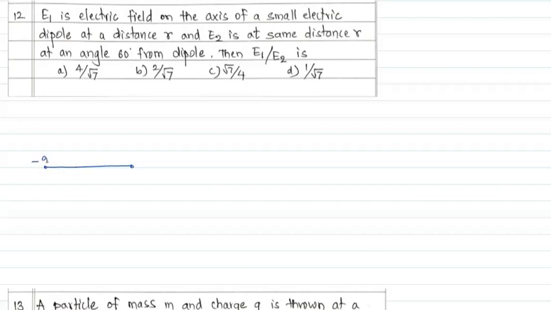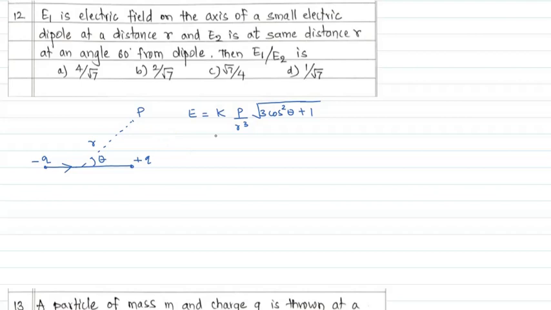minus q, plus q, and P is a point at a distance r making an angle theta along the axis of the dipole, then the electric field at point P is given by K p by r cube, root of 3 cos square theta plus 1.